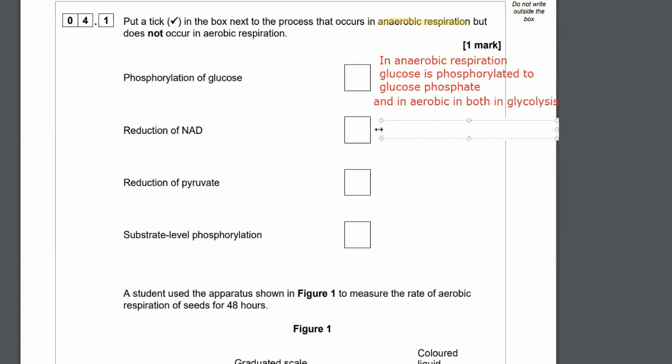However, in anaerobic respiration, the pyruvate molecule does get reduced in order to recycle the reduced NAD so that glycolysis can continue. The whole function of anaerobic respiration involves the reduction of pyruvate. Ta-da! Pyruvate does get reduced in anaerobic respiration, but it doesn't get reduced in aerobic respiration. It's carboxylated.